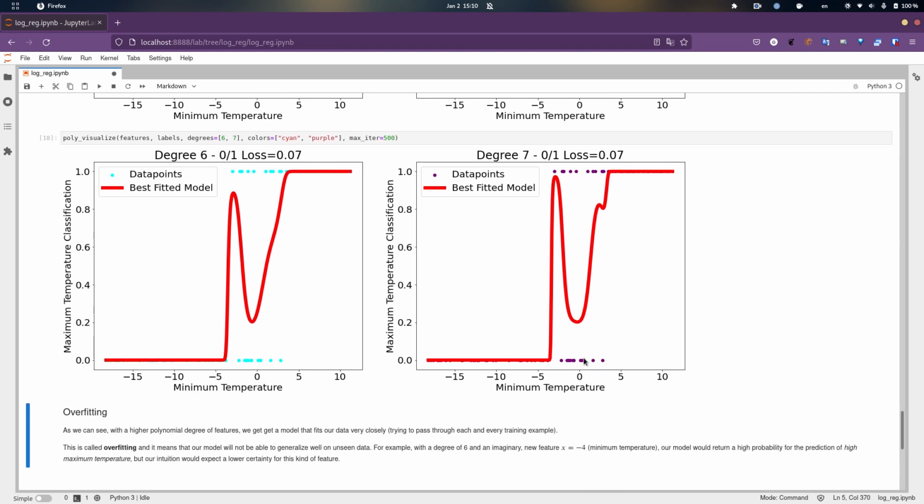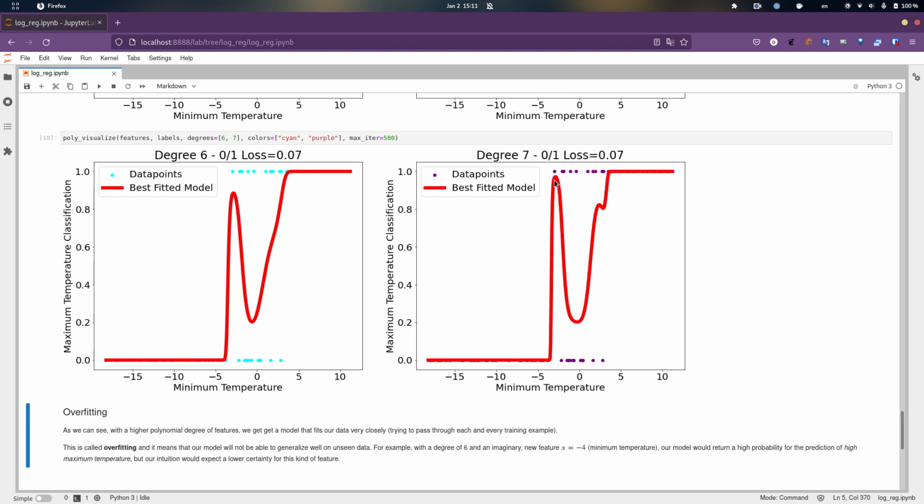So this is actually a sign of overfitting, because that means that our model has learned that, for example, when the minimum temperature is around -3.5, let's say, then the label is 1.